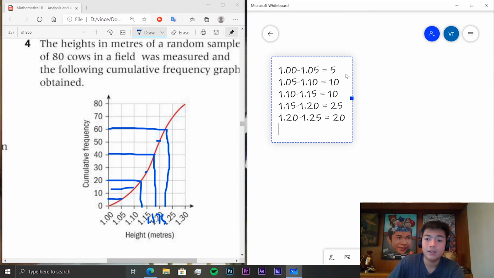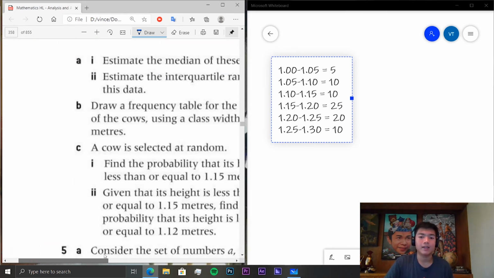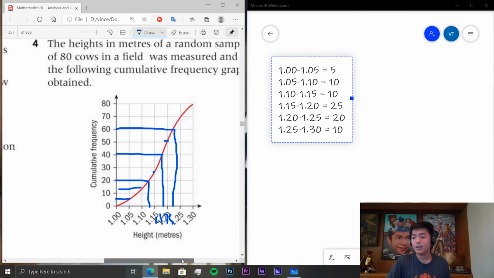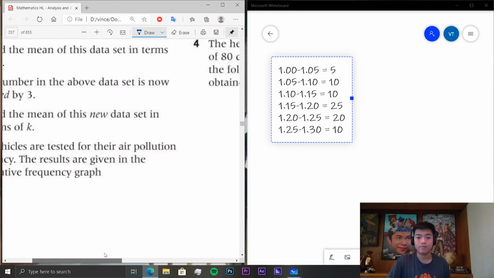And finally, 1.25 to 1.30, that's around 10 for me, and it should also be around 10 here. Obviously it's pretty hard to tell from the graph what the exact values are, so as long as they're around the exact values, it should be okay.